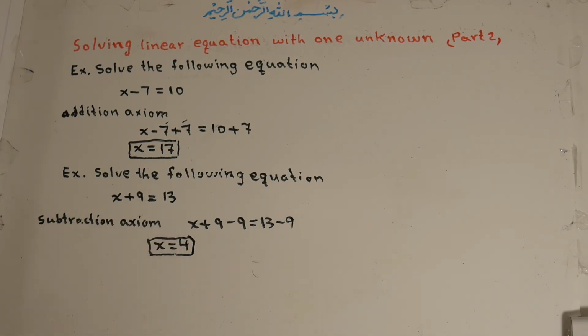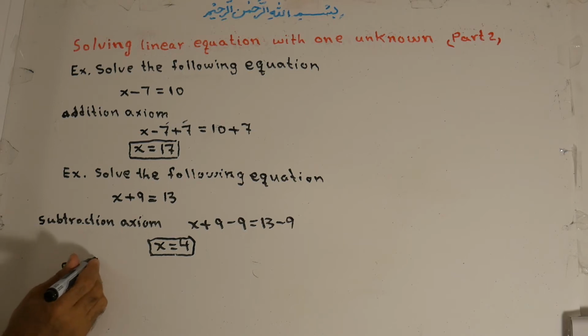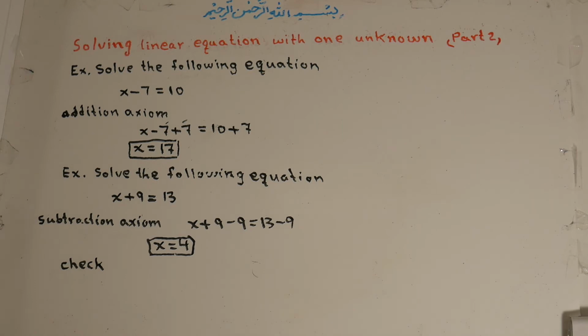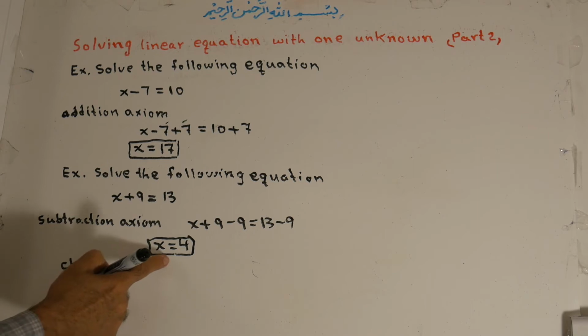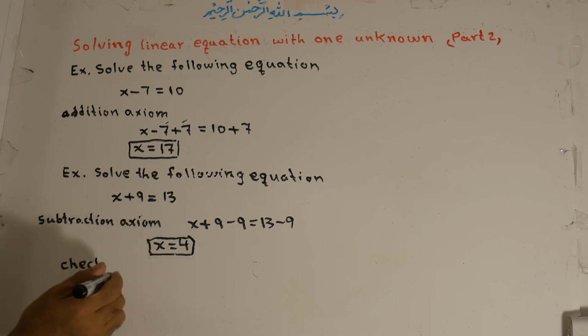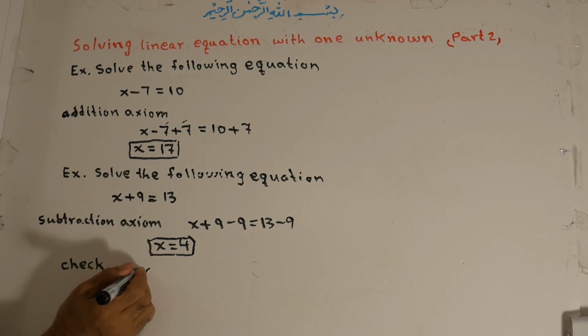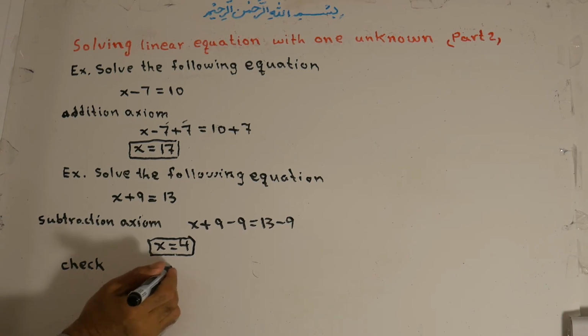Now how can we check? We check whether this is correct or not. For checking, we use the substitution axiom. It means that we put the value of x, that is 4, in the main equation, x plus 9 is equal to 13.